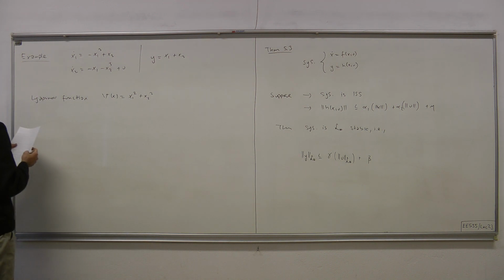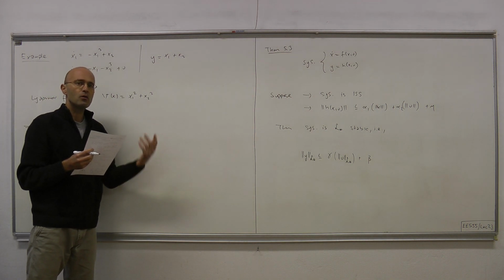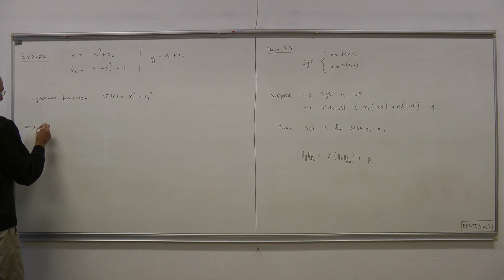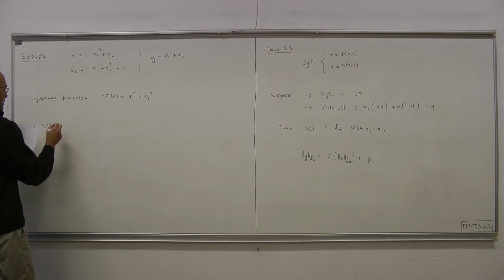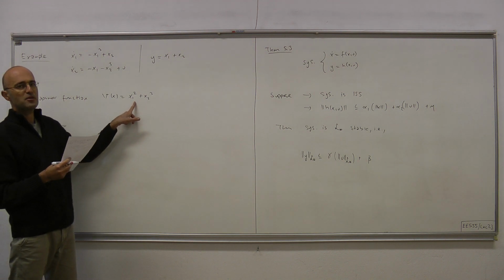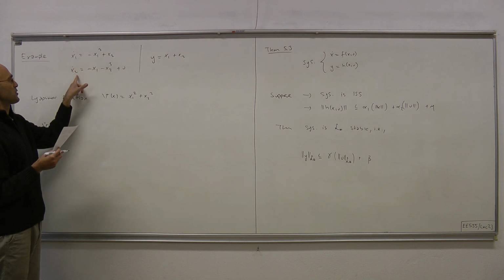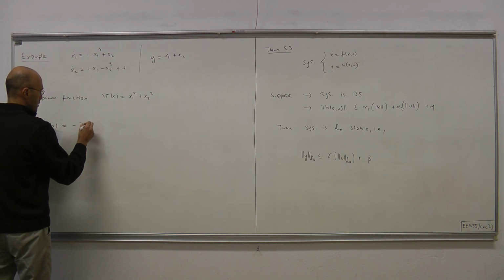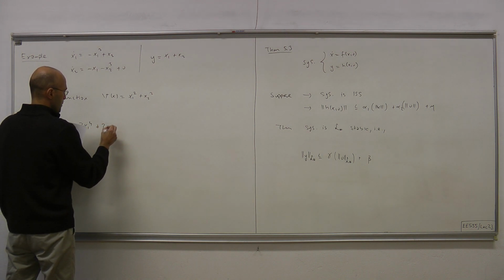So let's figure out what happens to the derivative of this function along the solutions of this system. We compute V dot of x, which equals x1 times x1 dot plus x2 times x2 dot, times 2. x1 dot is here, x2 dot is here, so what we have is minus 2x1 to the 4 plus 2x1 x2.